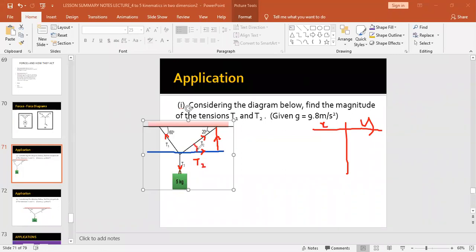We have 20 degrees here, so this will be T2 cos 20, and this side will be T2 sine of 20.